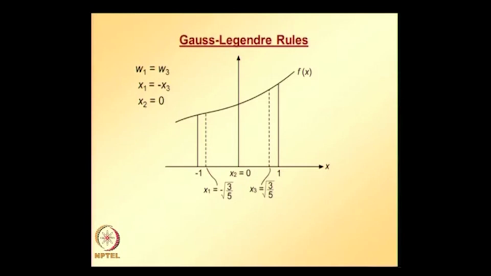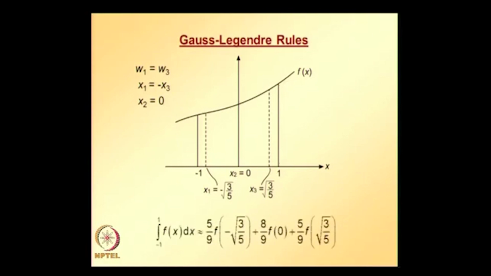So, in the figure the locations of these integration points are shown. That is x1 is equal to minus root 3 over 5, x2 is equal to 0, x3 is equal to root 3 over 5.